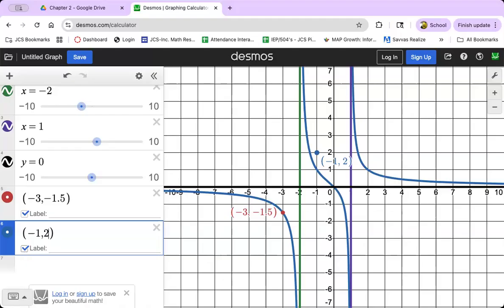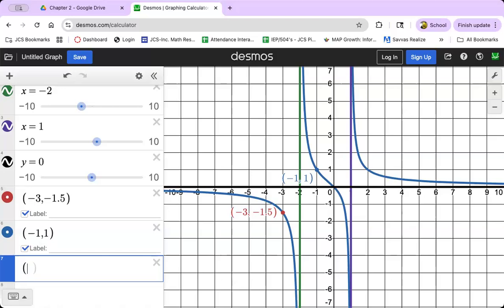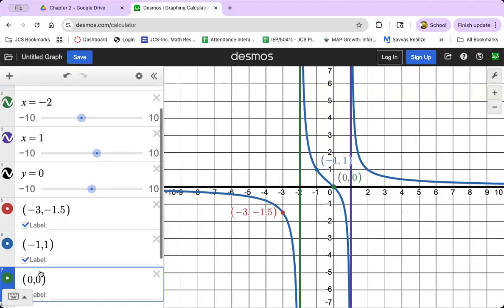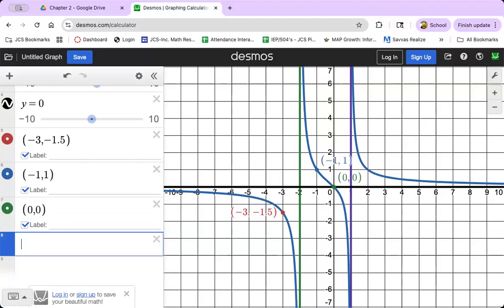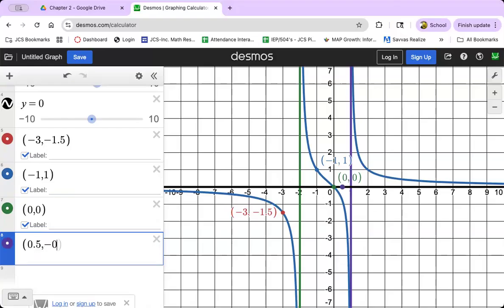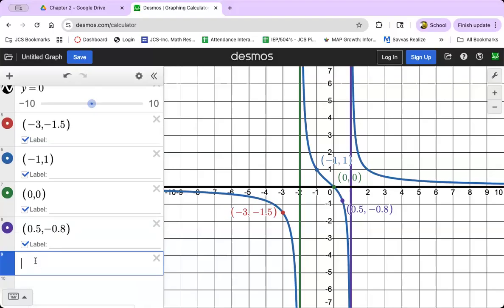Oops. -1, 1. 0, 0. And then this one we got 0.5. Oops. It's perfectly right there.